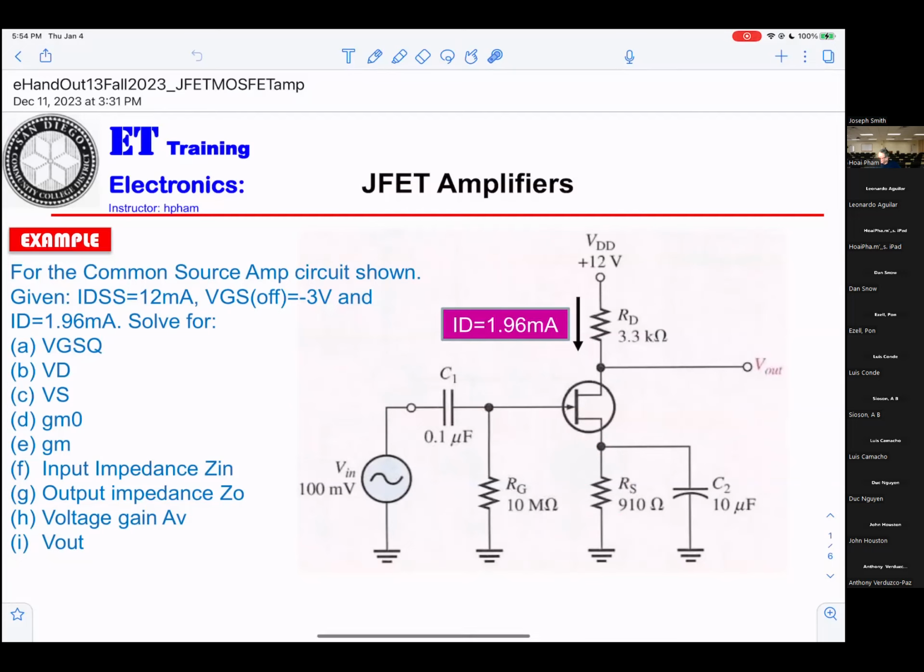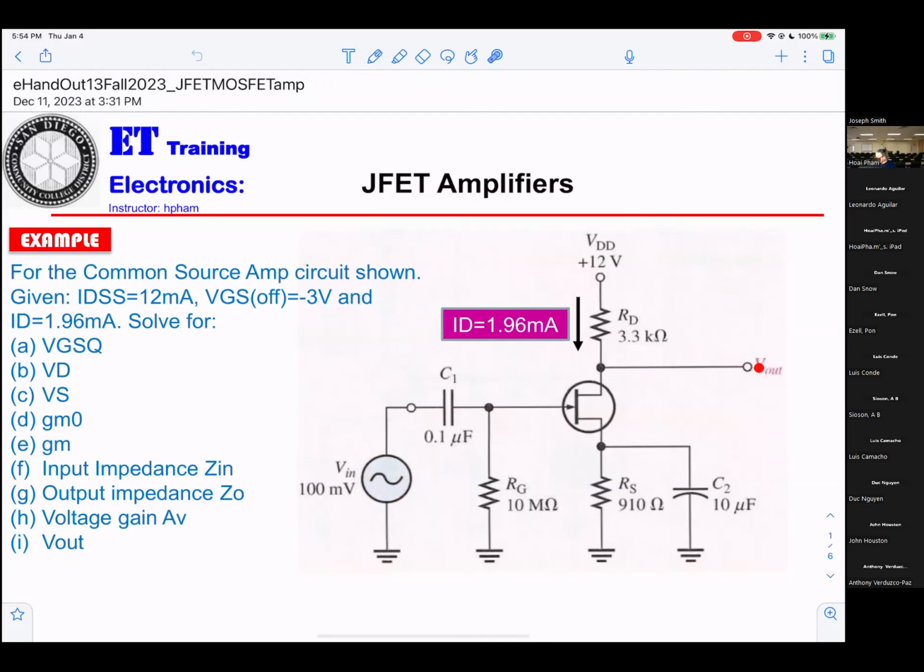Okay? So in here for the common source amplifier, that means when you see the circuitry, you must memorize: is it a common source, common drain, or common gate? Even if you don't remember the formula, that doesn't matter, but at a minimum, we'll be asking you. And this a common source, the signal is applied to the gate, output from the drain.